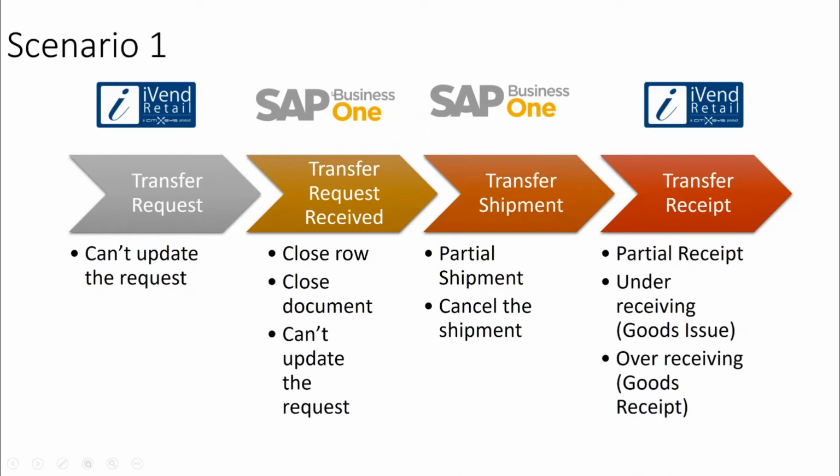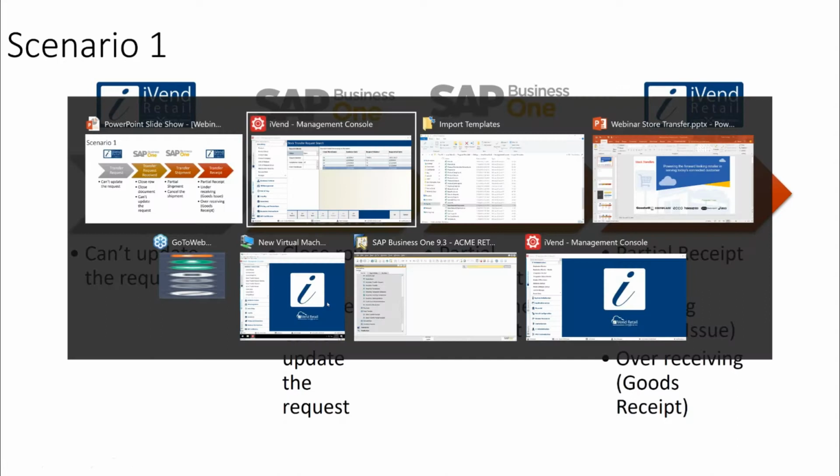But from SAP B1, when we receive the request, we can close a row or one line, which means we can delete one product from SAP B1, or we can close the whole document. That means we can cancel the transfer request, but we are not able to modify the request, like changing the date. Okay, so let's go to SAP and check the transfer request.